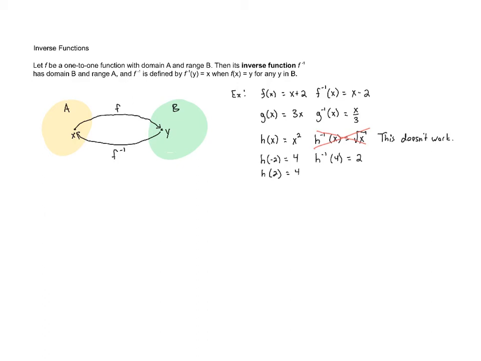Non-1-to-1 functions do not have inverses unless we restrict the domain to say we want only positives or only negatives, etc. That's something that we'll talk about later. I don't want to talk about it too much now. I just wanted to show you the example so you can see why f needs to be a 1-to-1 function.